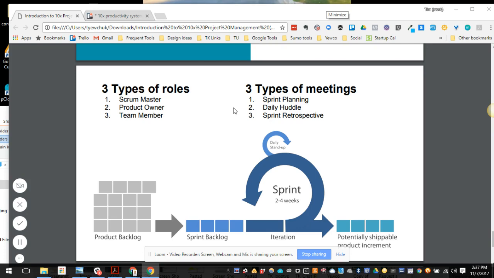Oftentimes these daily huddles don't have to be 15 minutes, but the rules are same time, same place, same agenda every day. And the agenda is: what have you gotten done since yesterday, since the last huddle? What are you working on today? And are you stuck on anything? So it's just answering those 3 questions really quickly. And I'll show you how we manage it through our software system, which is pretty straightforward too.